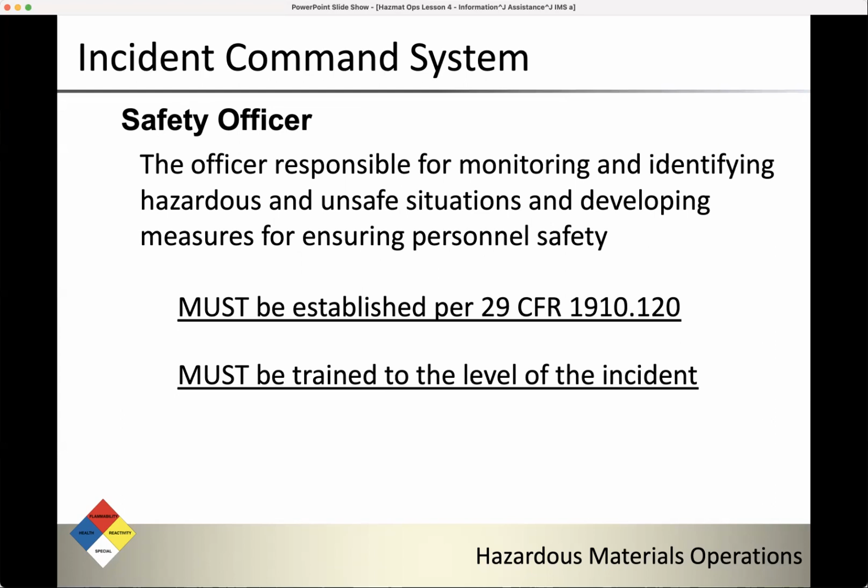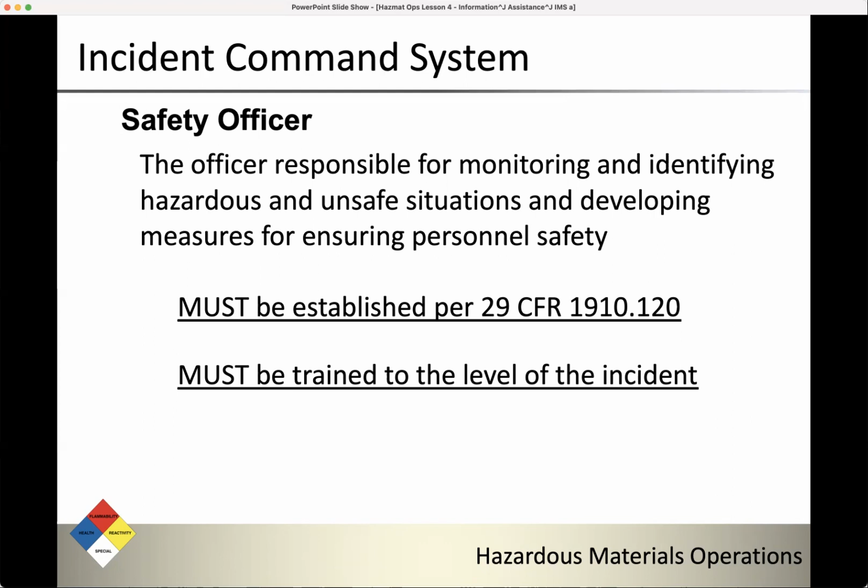The safety officer must be established per 29 CFR 1910.120, HAZWOPER, just like the incident commander. They have to be two separate people. You can't have the incident commander being the safety officer. So at minimum, at a hazardous material incident, you need two people, the incident commander and the safety officer. By law, that's your minimum.